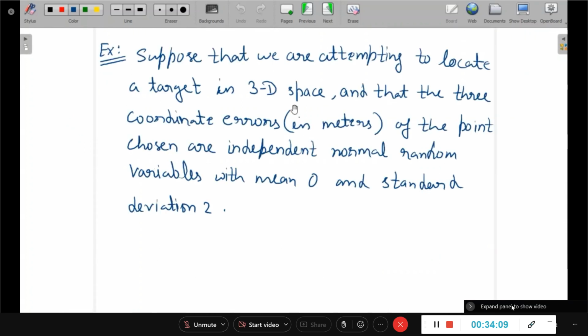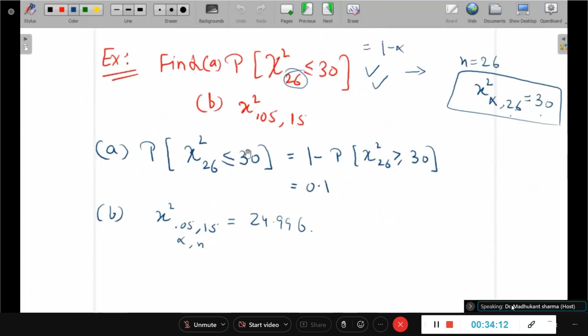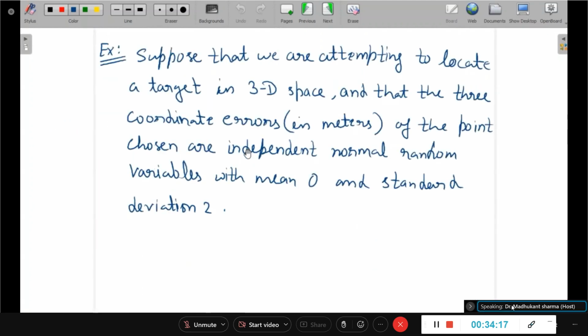Okay, let's go further. I think two examples are enough for looking at the table. Now let's take a practical example. Suppose that we are attempting to locate a target in 3D space, and that the three coordinate errors of the point chosen are independent normal random variables with mean 0 and standard deviation 2.